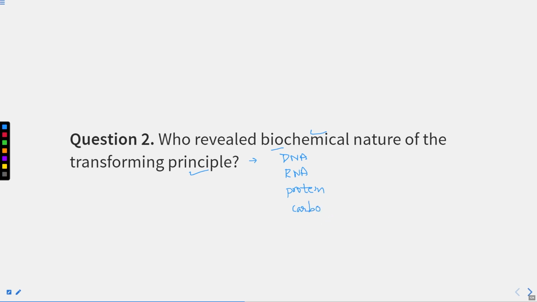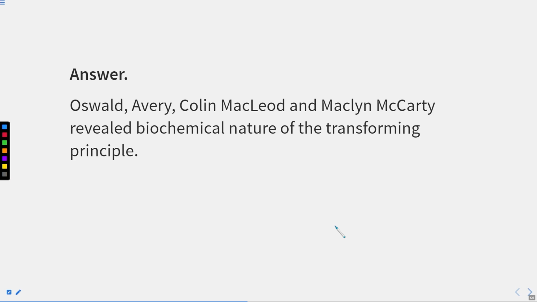What is the transforming principle? Because if you talk about bacteria, it consists of nucleic acid. It can be DNA, RNA. It is also made up of proteins and carbohydrates, lipids also, which is present in the membrane. So let's discuss this question.